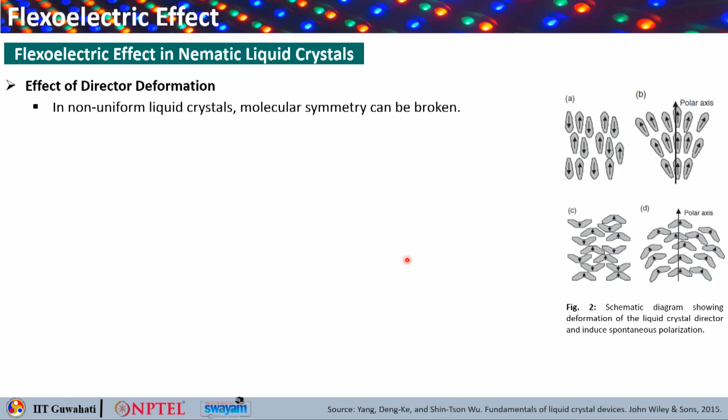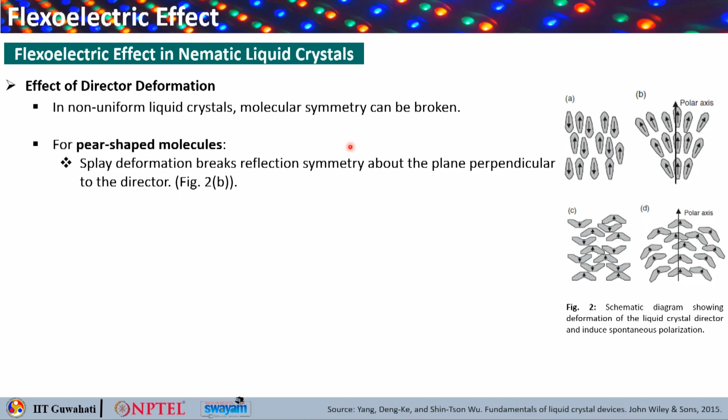Now let us look into the case where there will be director deformation. In non-uniform liquid crystals, this kind of molecular symmetry can be broken. So you can see for pear-shaped molecules like this, the splay deformation breaks the reflection symmetry about the plane perpendicular to the director.